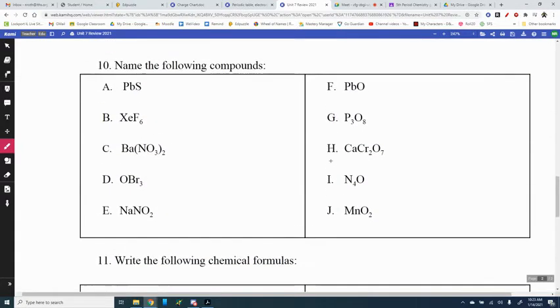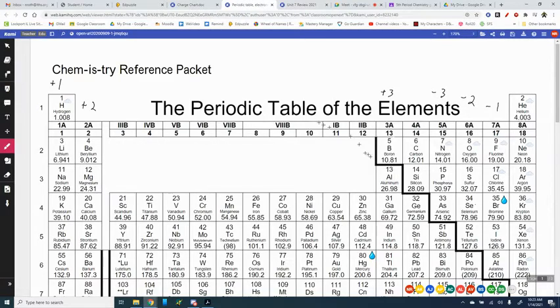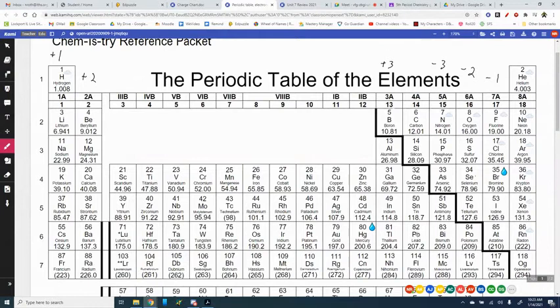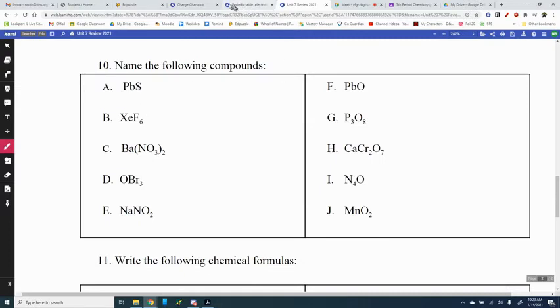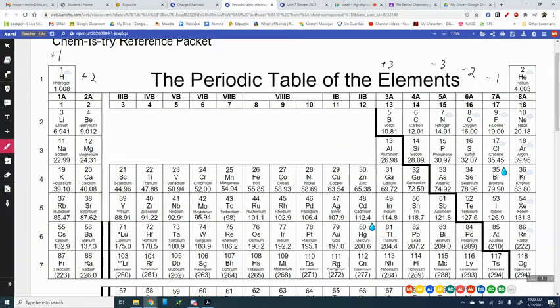Okay, so now we're going to actually do some of this practice. We have PbS. So we look up the elements on the periodic table. Pb is right here. S is right here. That's sulfur and that's lead.